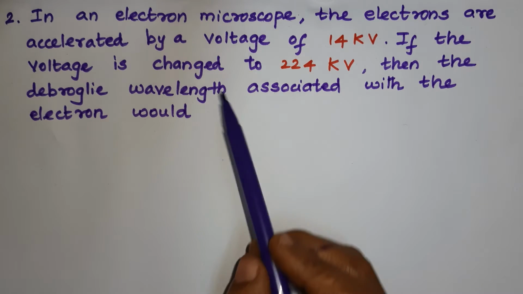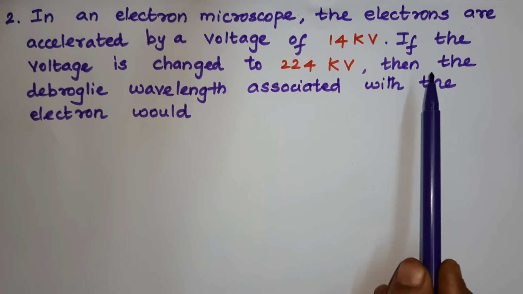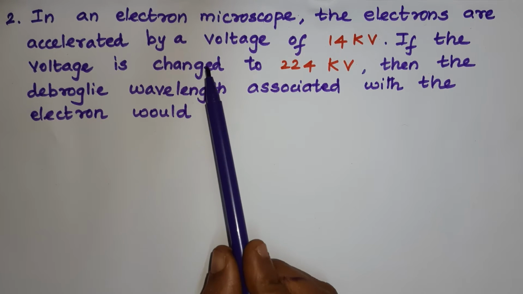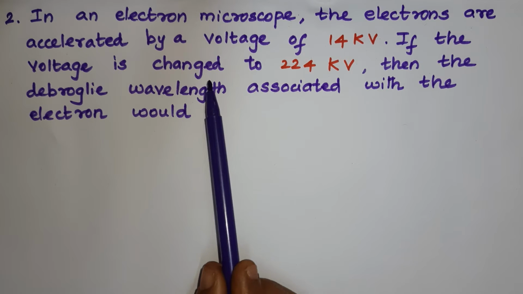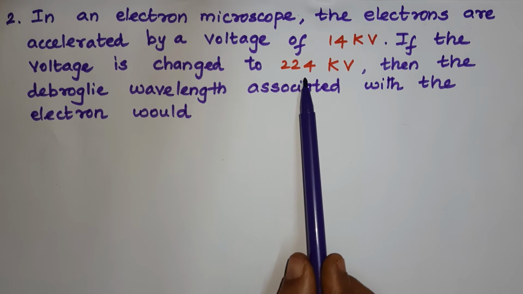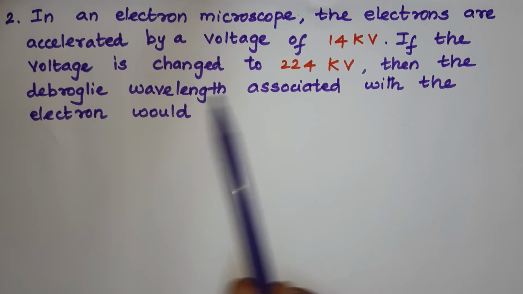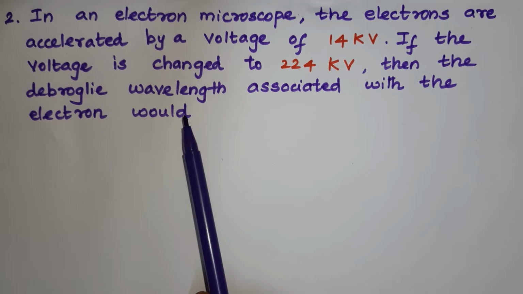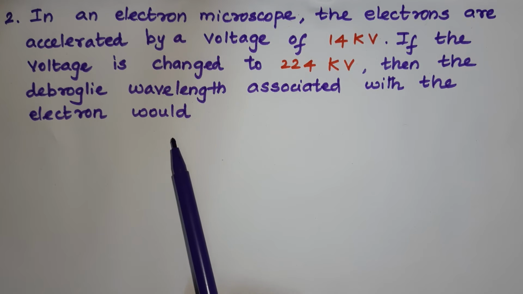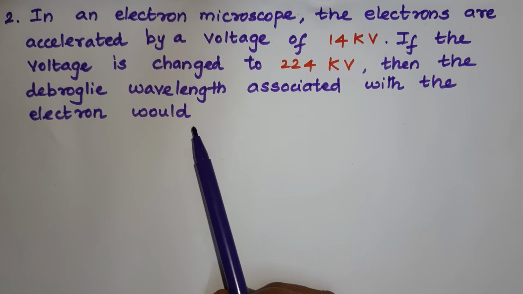Next one: in an electron microscope, the electrons are accelerated by a voltage of 14 kilovolt. If the voltage is changed to 224 kilovolt, then the de Broglie wavelength associated with the electron would... We have to find whether it is increasing or decreasing.